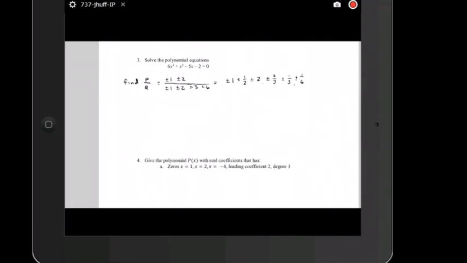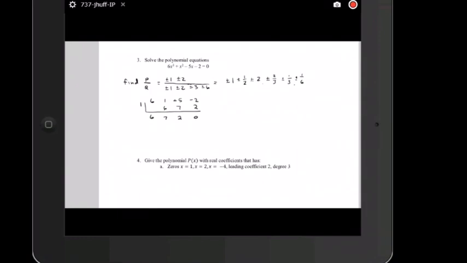Well, then we test them using synthetic division. And I'm getting that 1 works. Okay.